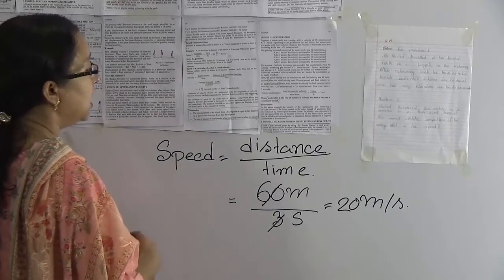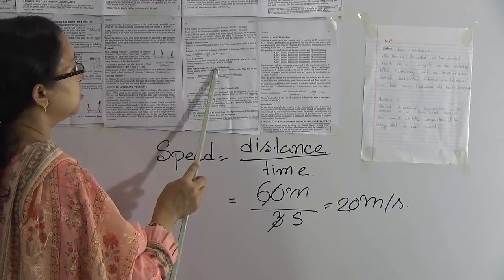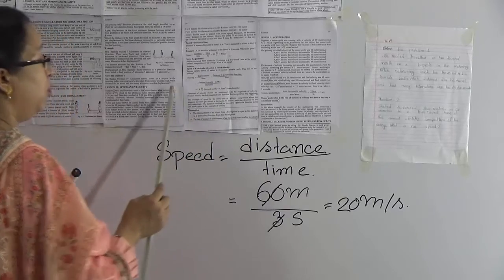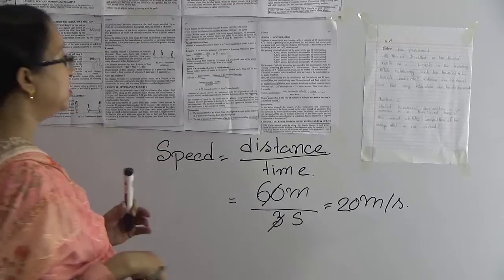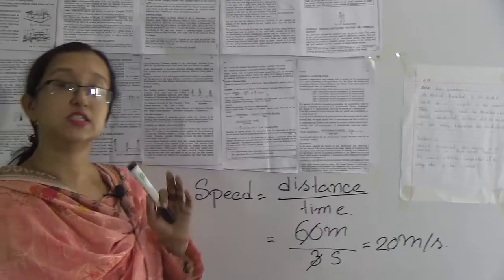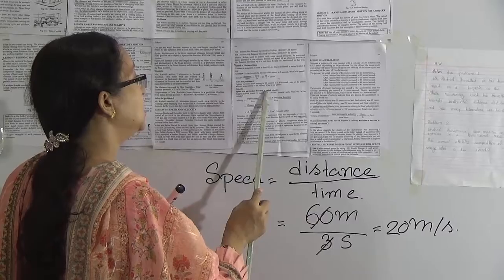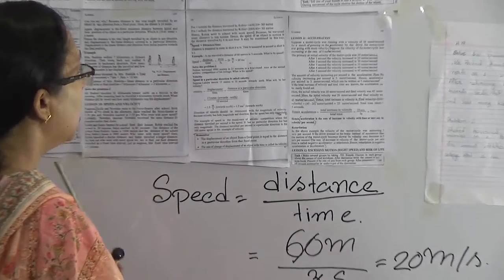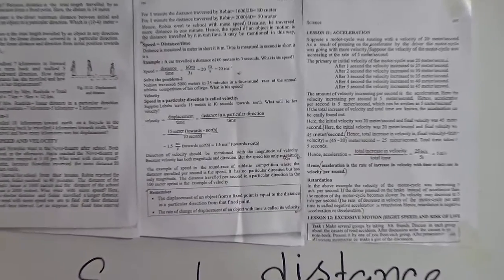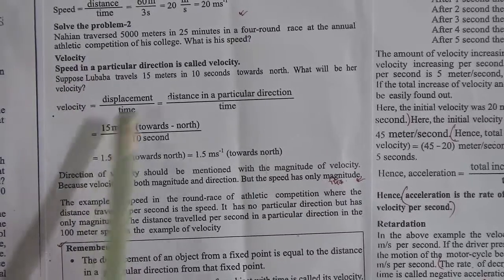And velocity. To find out velocity: speed in a particular direction is called velocity. When we find out the velocity, we must write the direction where it is going. To find out velocity, we read an example.